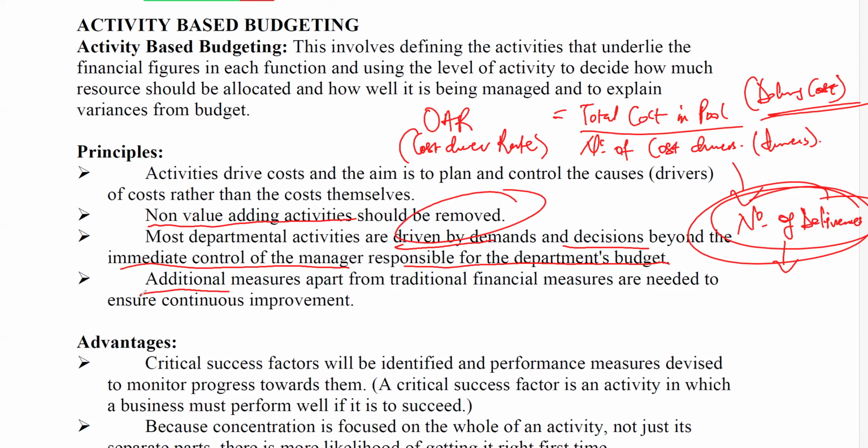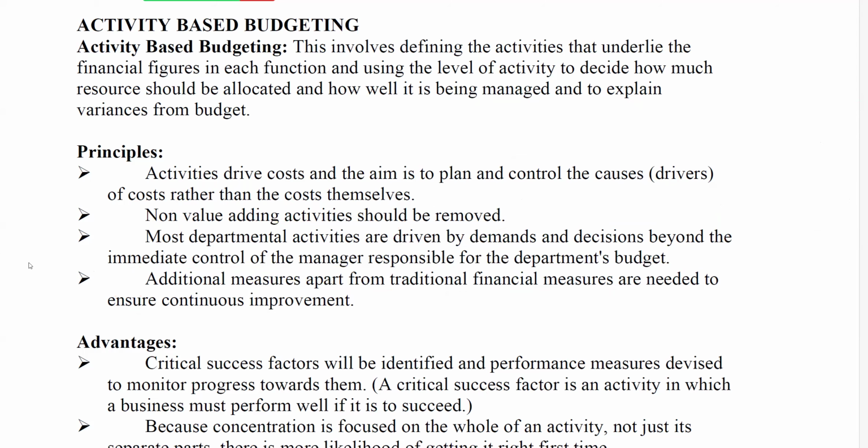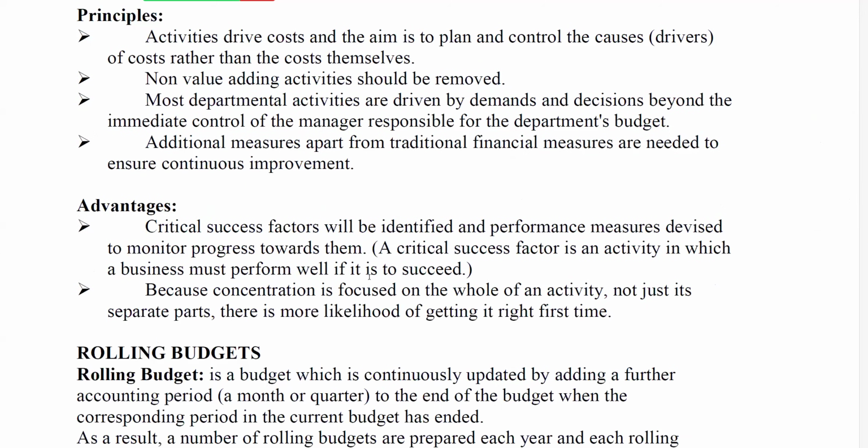Now, additional measures apart from traditional financial measures are also needed to ensure continuous improvement. So continuous improvement is a very important feature. Anytime you are looking at budgeting, you are looking at cost estimation, you always have to have a culture of continuous improvement within the organization. Now, what are the advantages and disadvantages of this system of budgeting?